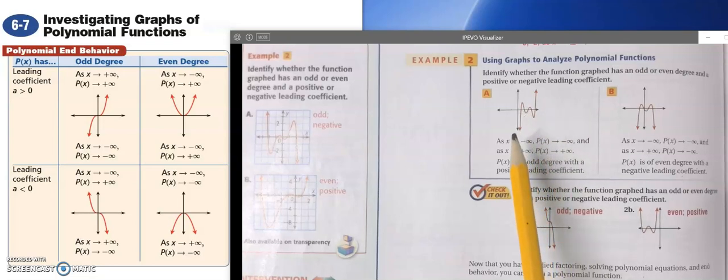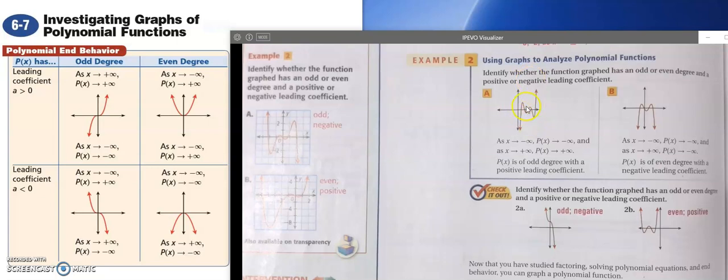So to determine that, I need to first, we're reversing it. If we come over here to my chart on the left, I need to first determine as x approaches positive infinity, what happens to y, and as x approaches negative infinity, what happens to y. So when I look here, if I start just in the middle of this graph, as I go to the right, what happens overall?